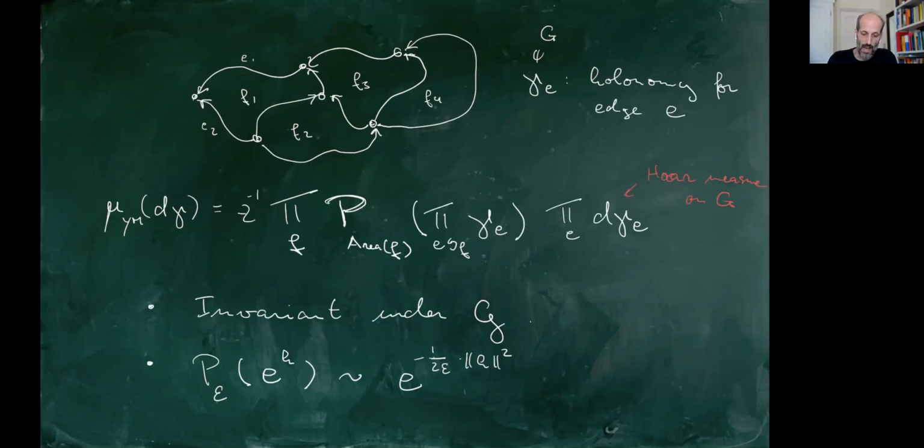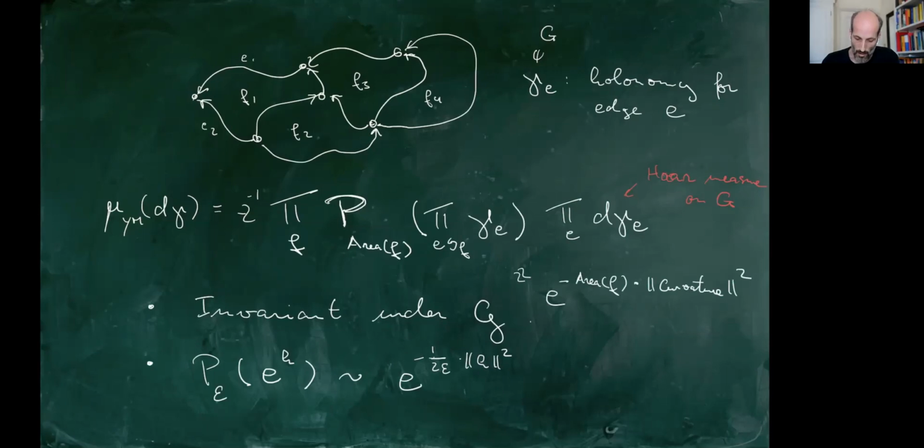But now that h, for a very small loop, is precisely proportional to the curvature. And so what you see here is that this term is essentially e to the minus area of F times curvature squared.